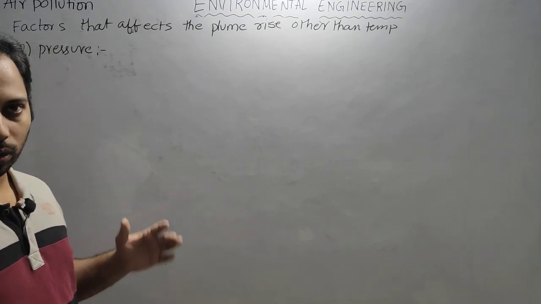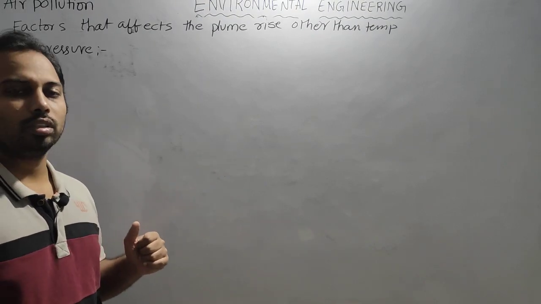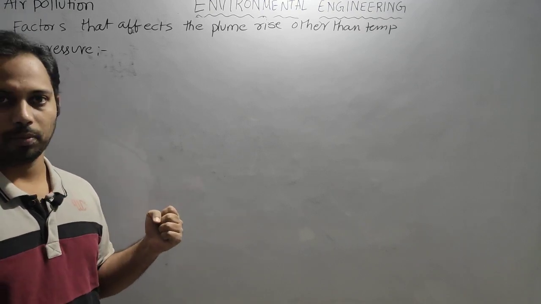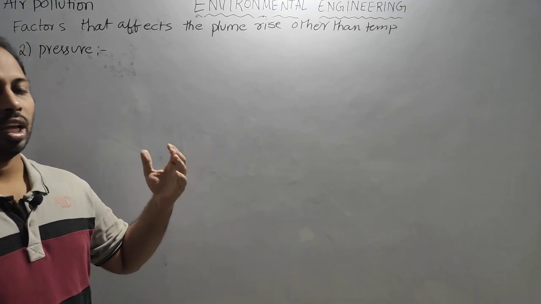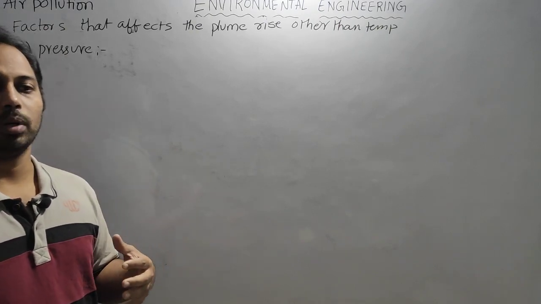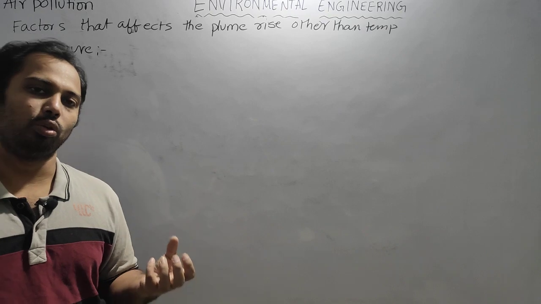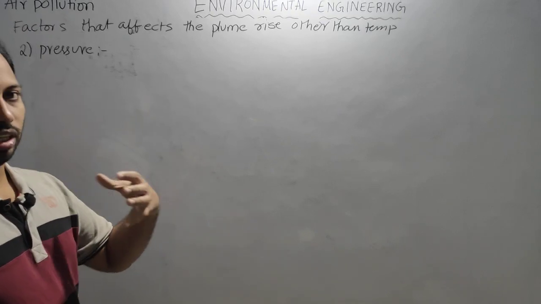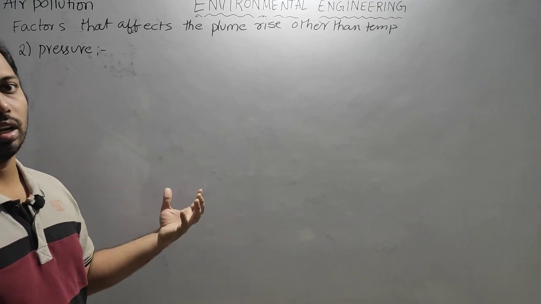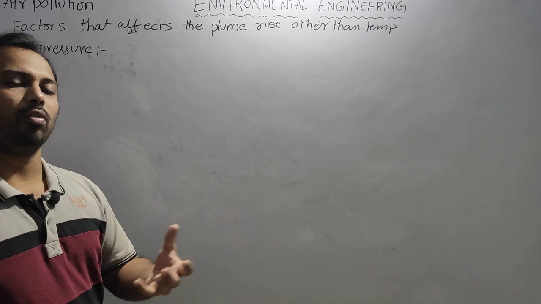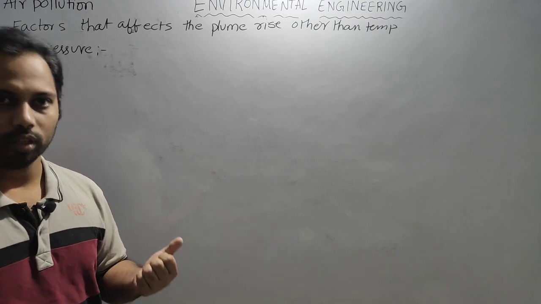But during cyclones and anticyclones, what happens? The pressure will change. Cyclone is nothing but a low depression, a low pressure zone that is created in the sea. We are in a high pressure zone, so all the wind will flow towards the low pressure zone.